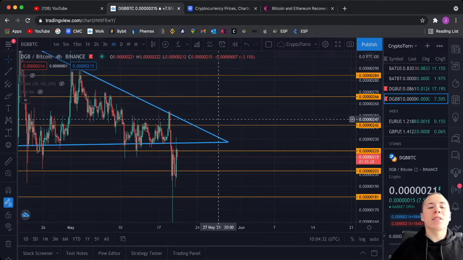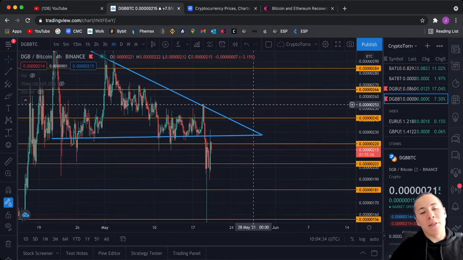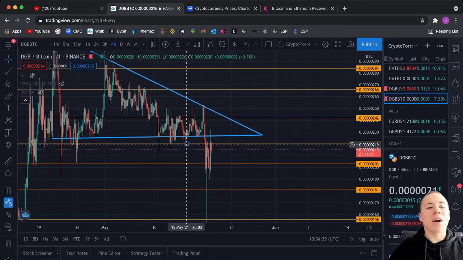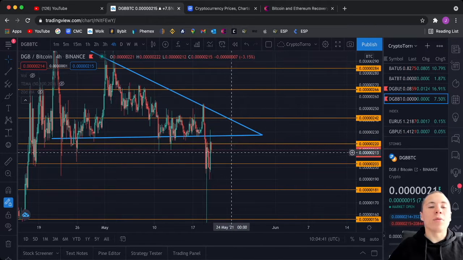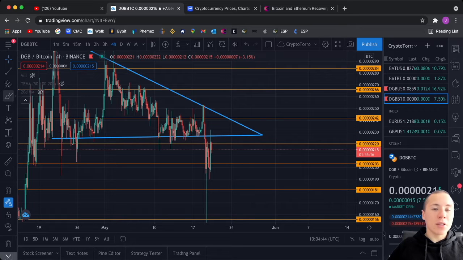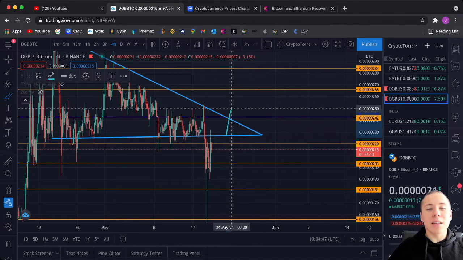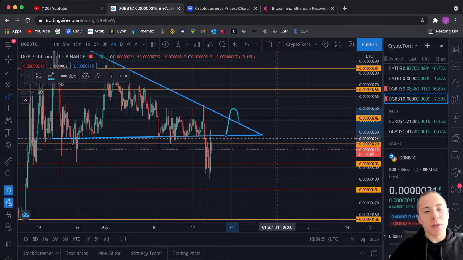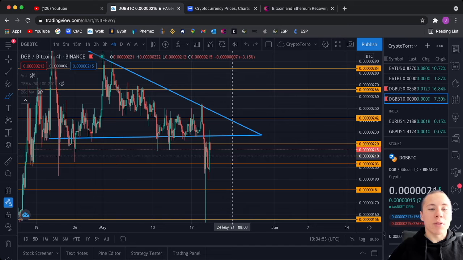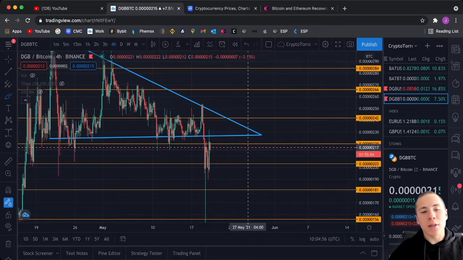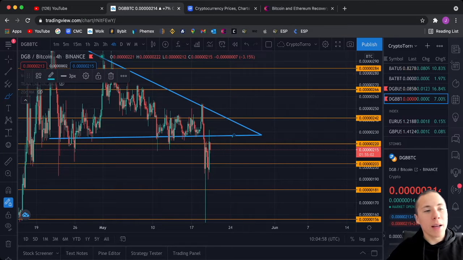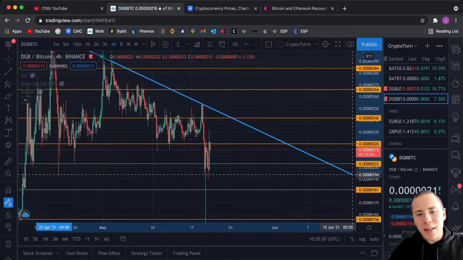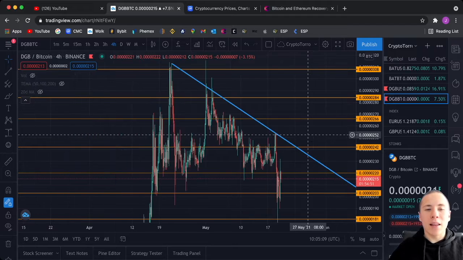And not only that, if Digibyte goes above this downward sloping resistance line of this descending triangle, you could also just remove the line down below the horizontal level of this triangle by selecting this over here and making this downward trend line a little bit longer.